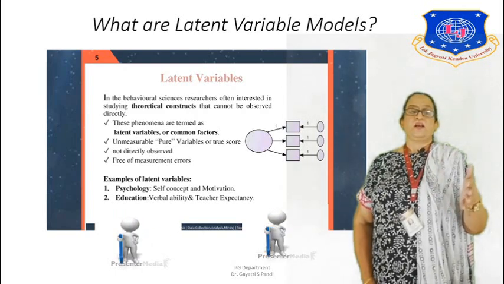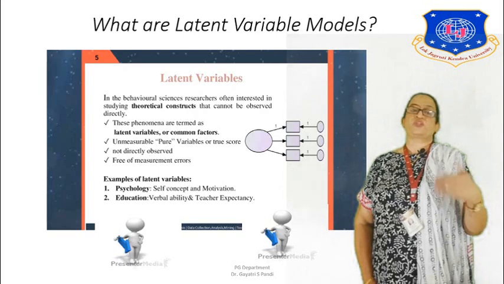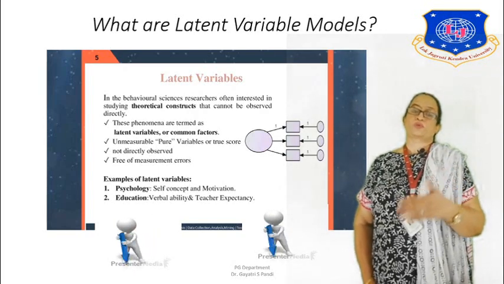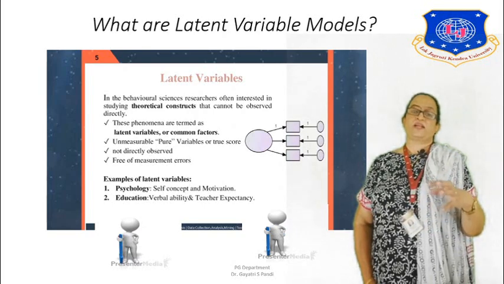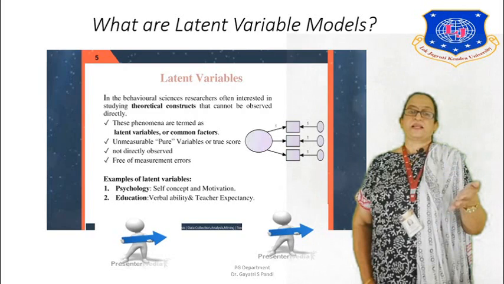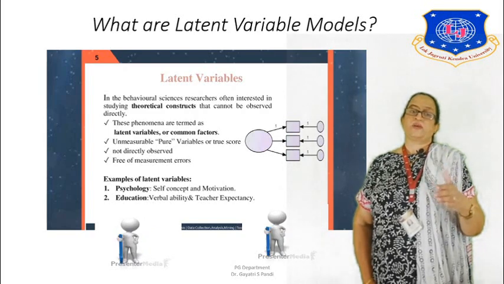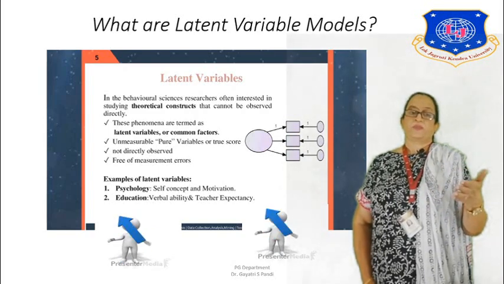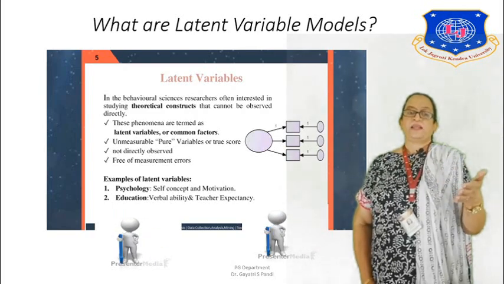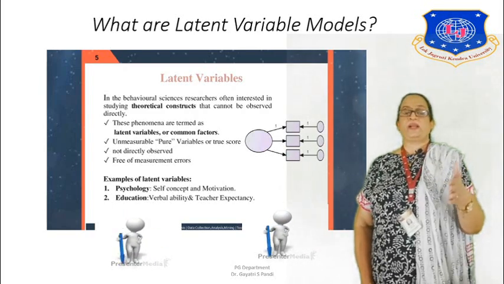You can have some unmeasurable pure variables or the true scores. They are referred to as true scores or pure variables, and they are not directly observed. That is why they are termed unobserved, something which cannot be seen, right? And they are free of measurement errors.